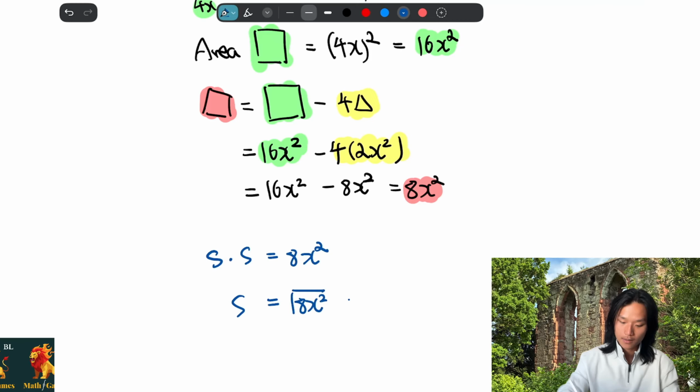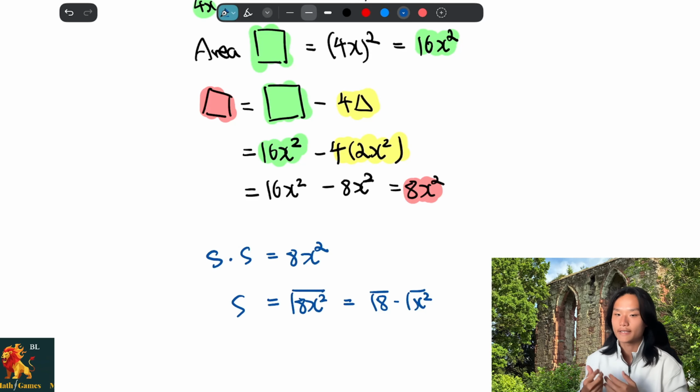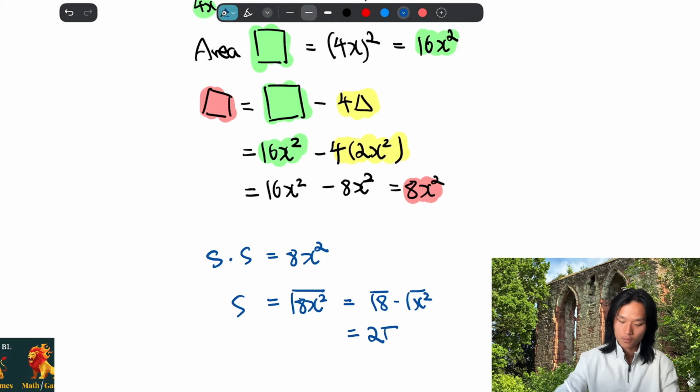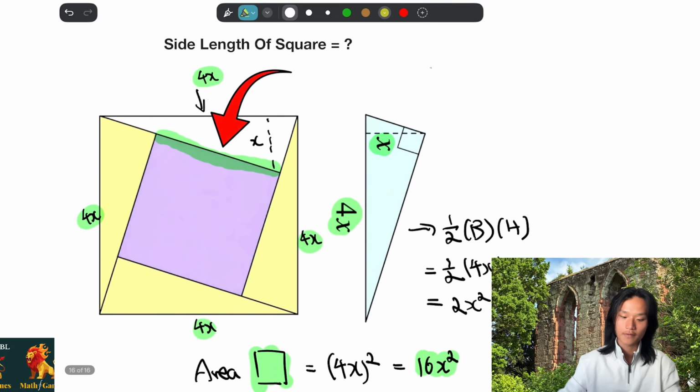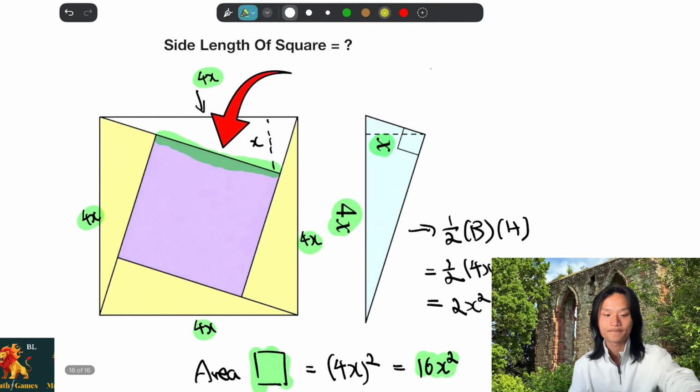So here, the square root of 8 multiplied by the square root of x squared. The square root of 8 we know to be 2 root 2, and the square root of x squared is x. So this is the side length of the square in the middle.